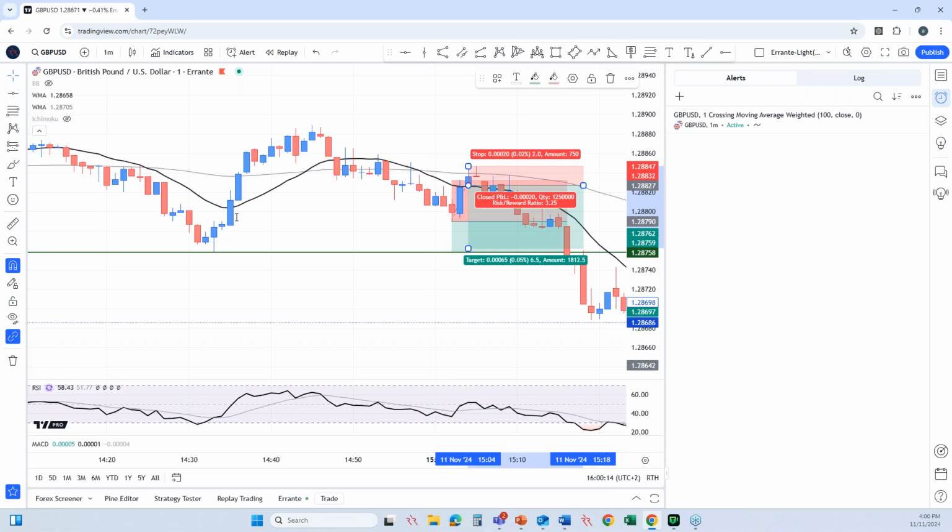And also make it a habit to use visualization tools like these in TradingView each time you plan a trade. So this will keep you accountable to your strategy and help you avoid emotionally driven decisions. And next, with practice, setting these visuals will become second nature, helping you maintain a professional approach to trading.